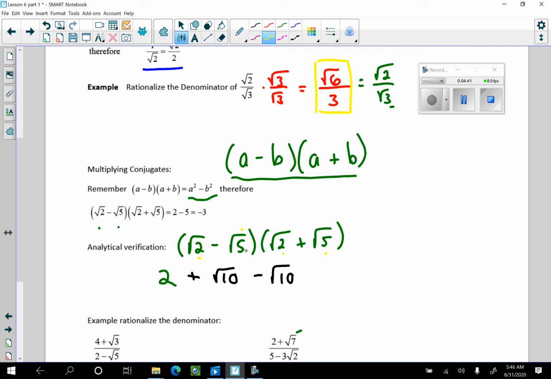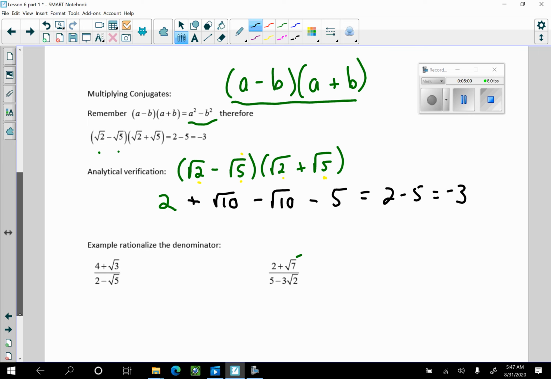And I have negative square root of 5 times positive square root of 5, which is negative 5. That is equal to 2 minus 5, which is equal to negative 3. And you'll find out why that's important in a little bit.